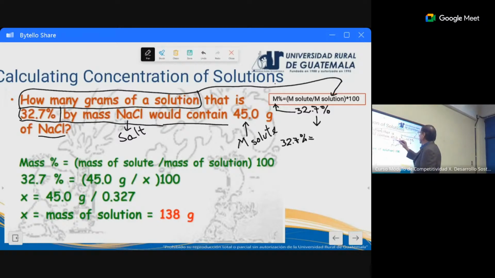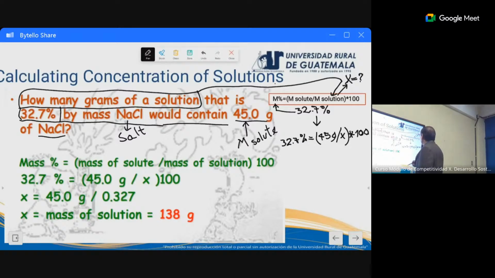That is this one here, mass solute. In our formula, we'll say 45 grams divided by the M solution, but the M solution we don't know. So we're going to assign an X here because we don't know who it is, divided by X. And then we need to multiply everything by 100.